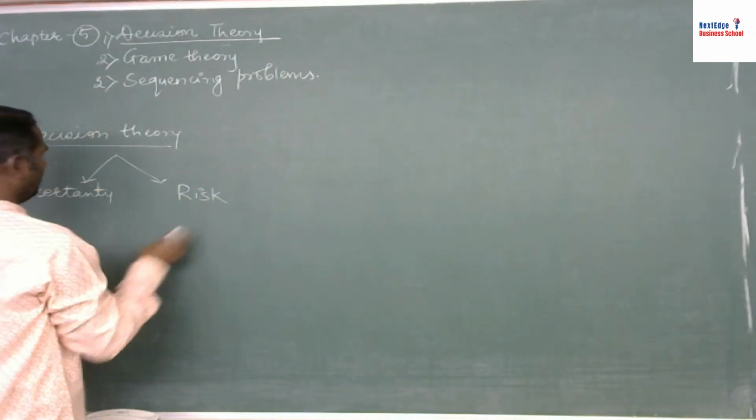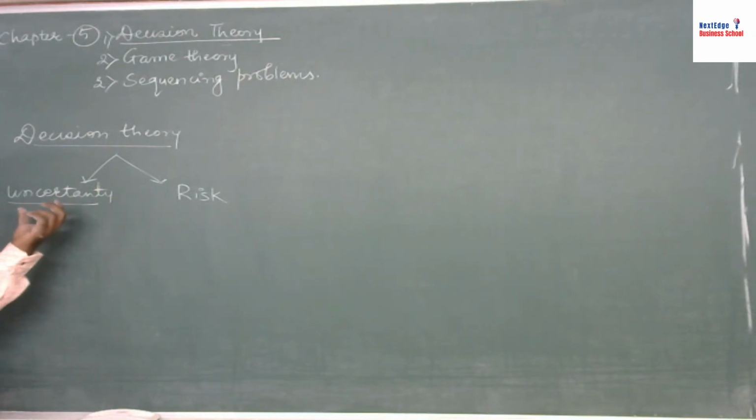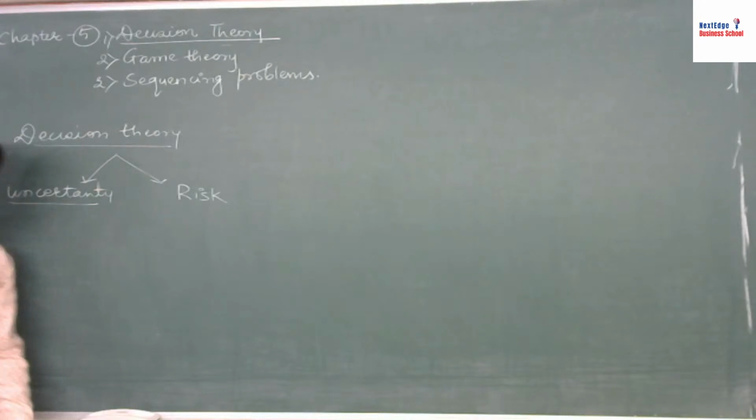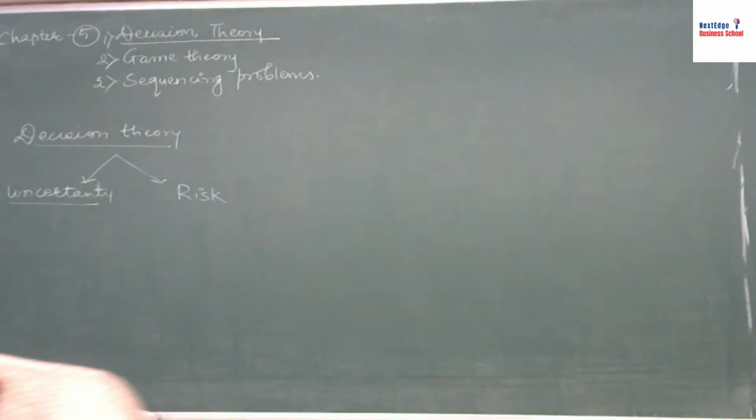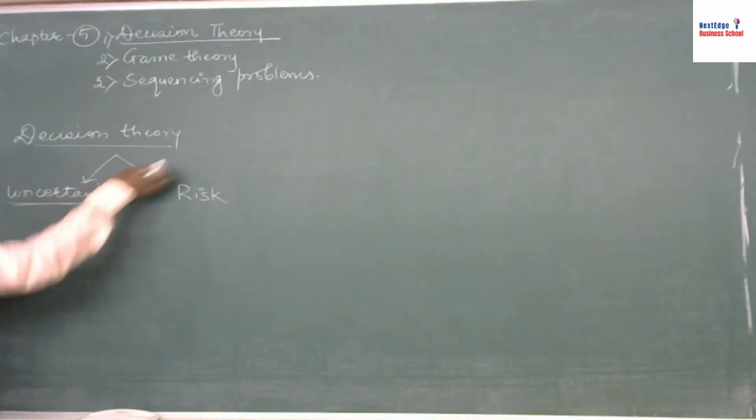So in uncertainty, you know the outcomes, or you know certain things about the respective activity or the event, but you will be able to at least find out what is happening out there and how you can cope up with that, right? So how you are going to take the call. There are 5 different methods of decision under uncertainty.